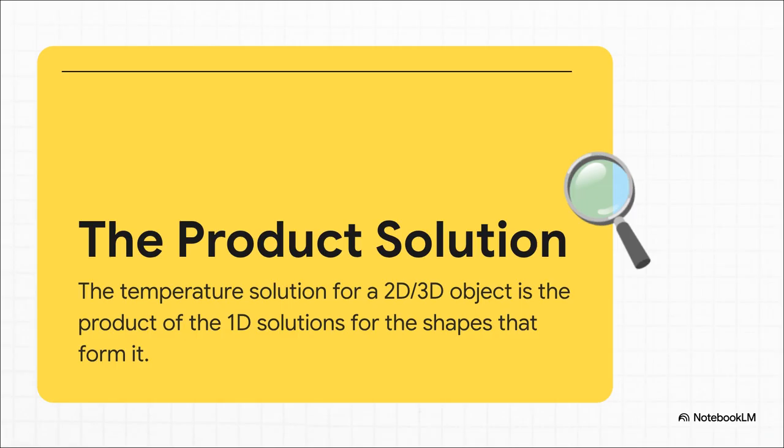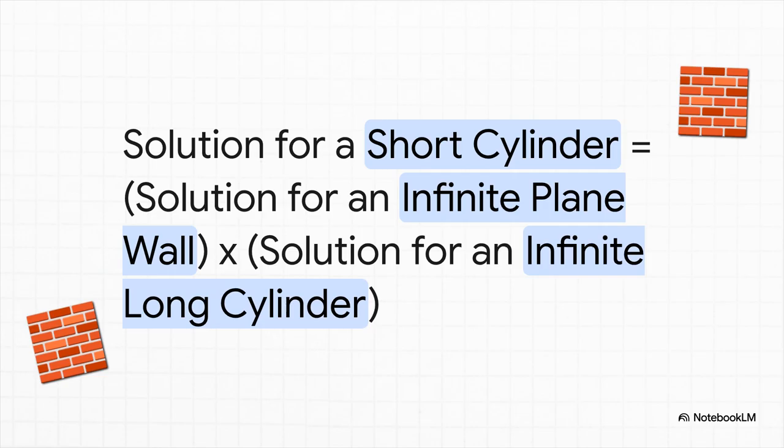The answer is something called, fittingly, the product solution. And the idea is so simple, it's honestly beautiful. It says you can find the temperature solution for a complex 2D or 3D object by just multiplying the simple 1D solutions that make it up. Think about it like this. A short cylinder is really just the intersection of an infinite flat wall and an infinitely long cylinder.